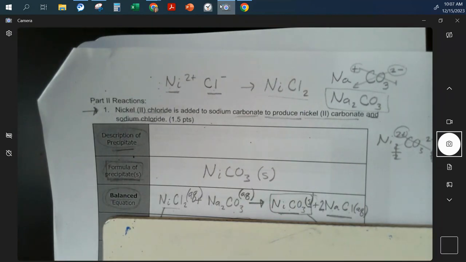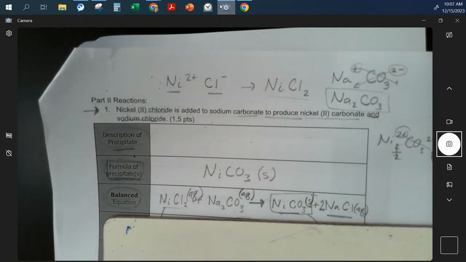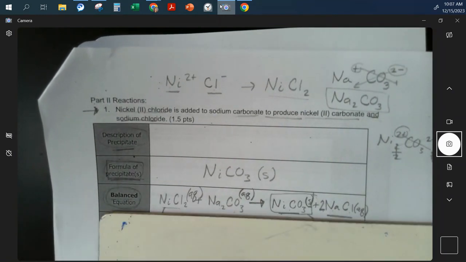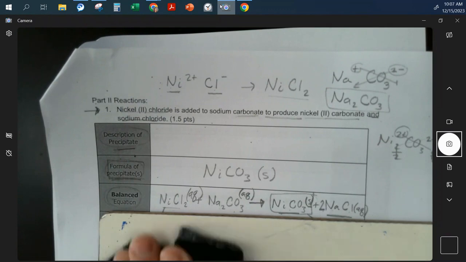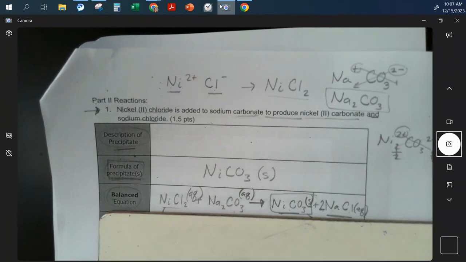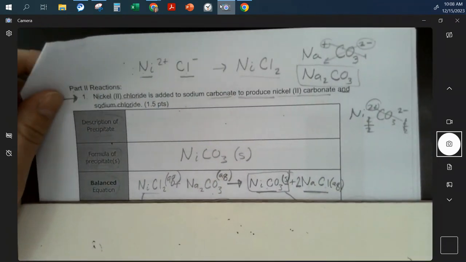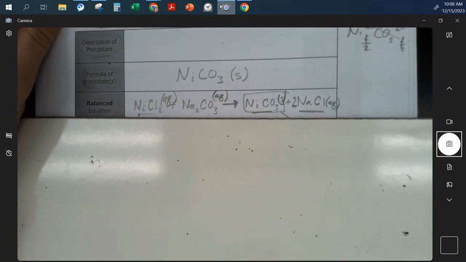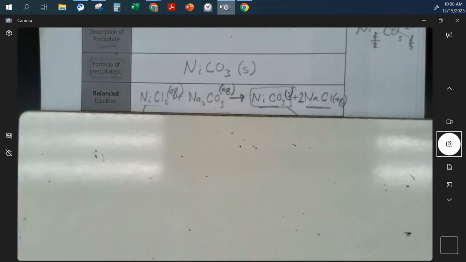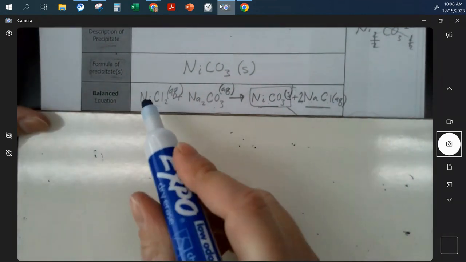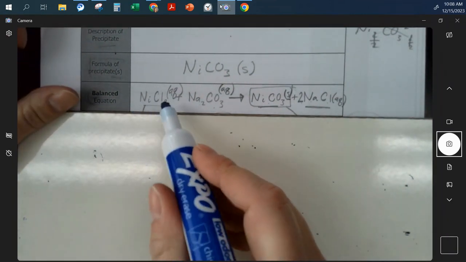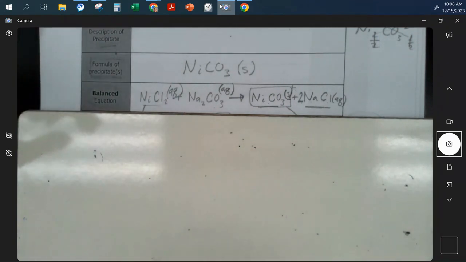Okay, the next thing is the complete ionic equation. That's where anything that's aqueous, we're going to show as its ion. So for the complete ionic equation, everything that's aqueous, I'm going to split into its pieces.